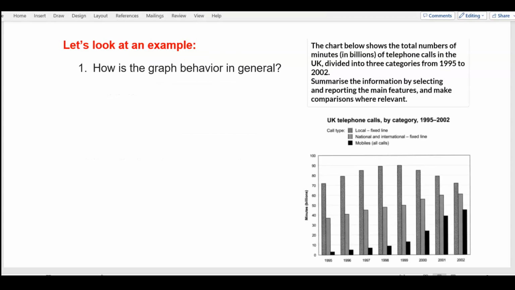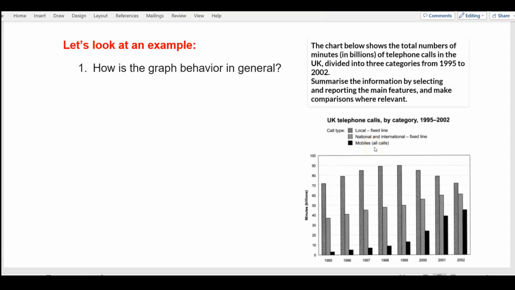So if you look at the question, it is about the total number of minutes of telephone calls that people actually make. So it's three different media of communication: they are either using local fixed line, national or international fixed line, or mobiles, for all their calls.